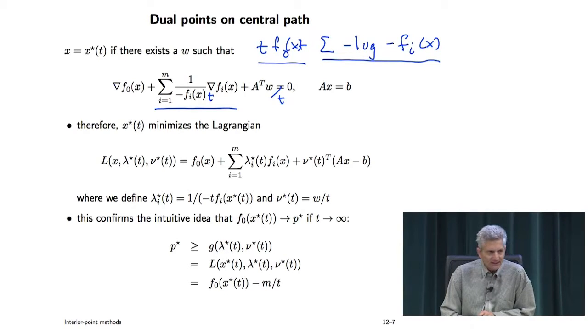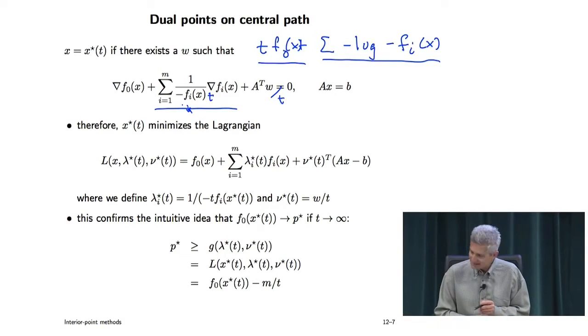And now you look at this and you say, hey, that's interesting. On the central path, when you compute a point on the central path, strangely, you have the following. You have the gradient of the objective, plus a non-negative weighted sum of the gradients of the constraint functions, and then plus A transpose times an equality constraint dual variable, and that's 0. That should sound familiar, because that's actually Lagrange duality.